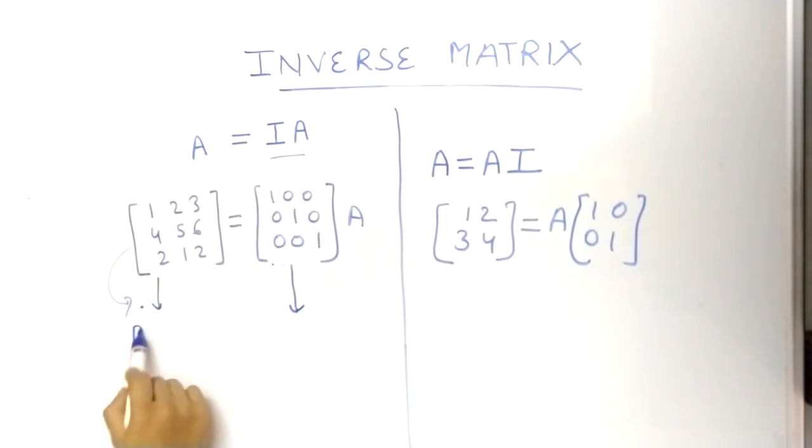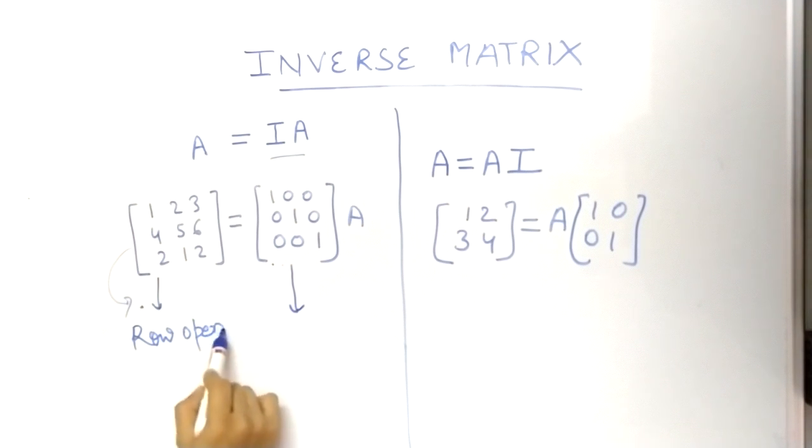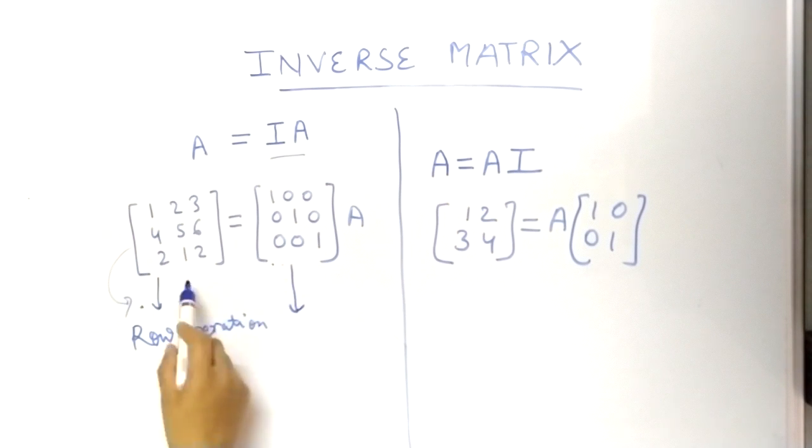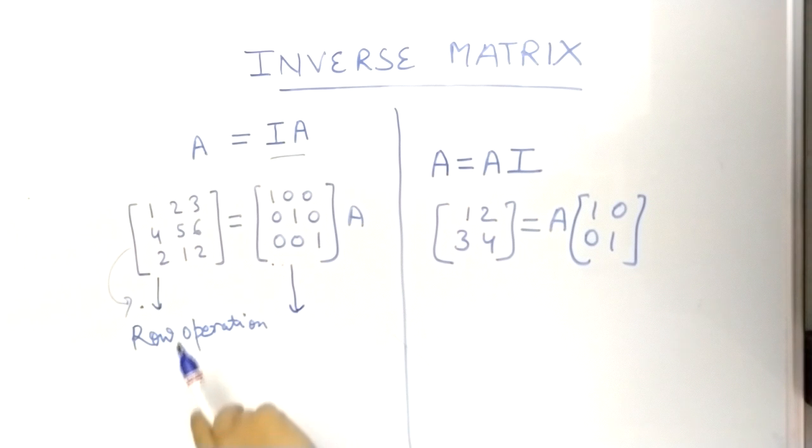So in this type of arrangement you can only do row operations. No other operations can be done. In this type of arrangement you cannot do column operations. In this you will only do row operations.